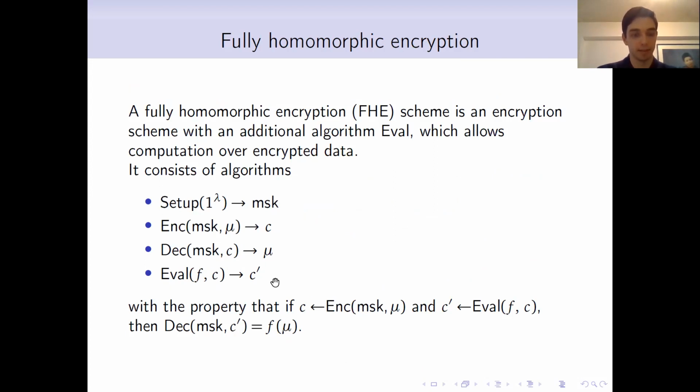And the last one, for evaluation, receives as input a function f and the ciphertext c and outputs another ciphertext. And it has the property that if c is an encryption of a message mu and c' is the evaluation of f on c, then when we decrypt c', we obtain f(mu). This is a powerful cryptographic primitive, which can also be built from the learning with errors hardness assumption.